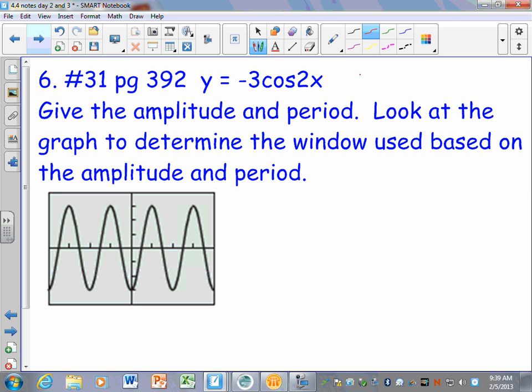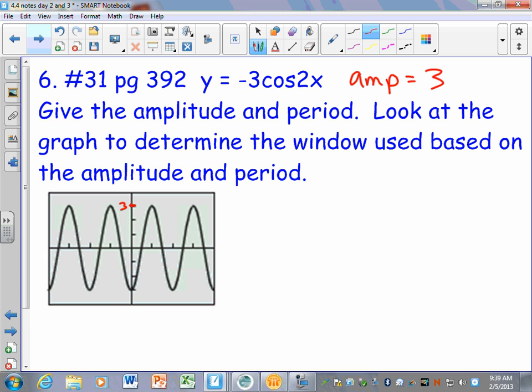So what would the amplitude of this be? Absolute value of A, the amplitude is just 3. The amplitude helps you determine the y-axis. So can you tell me what that y-axis is going by, or what the top number on that y-axis is? It's a little tricky here. A lot of people want to say 3, but do you agree that this has to be 3 because that's my top point on there?